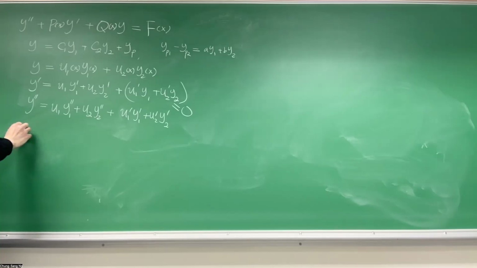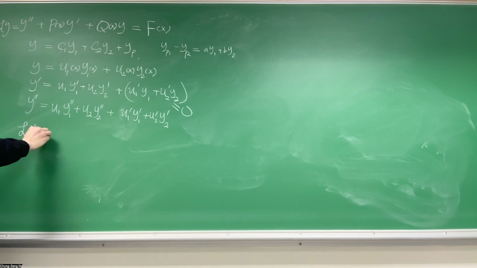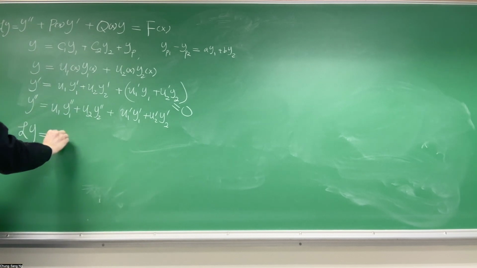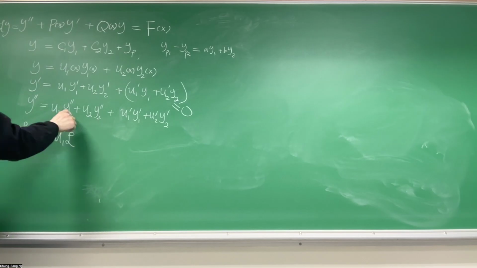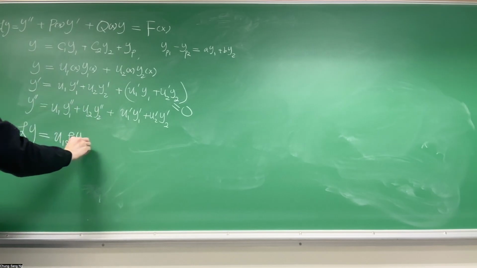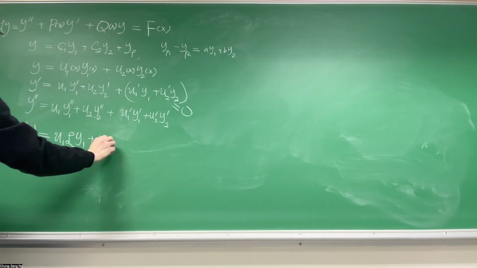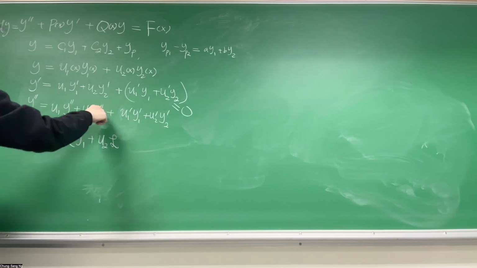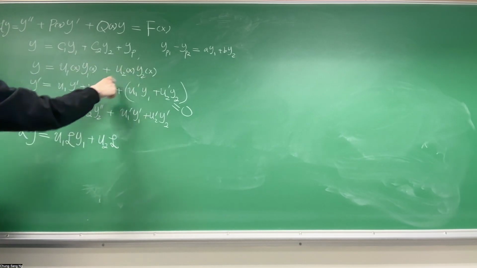So let's call this the differential operator on y. So the differential operator on y will be quite obviously u sub 1 times the differential operator on y sub 1 plus u sub 2 times the differential operator on y sub 2, this, and that.